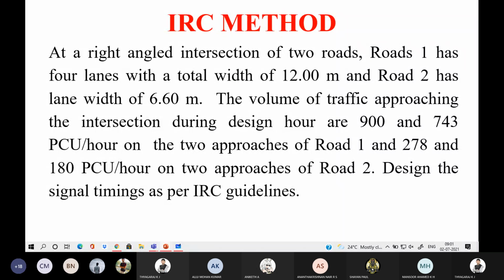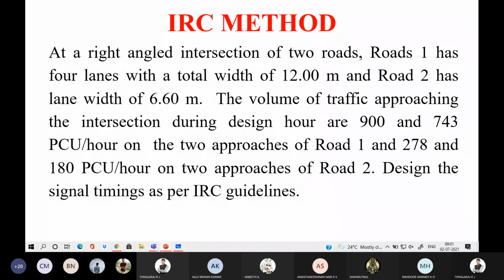At a right angled intersection of two roads, road 1 has 4 lanes with a total width of 12 meter, and road 2 has a lane width of 6.6 meter.